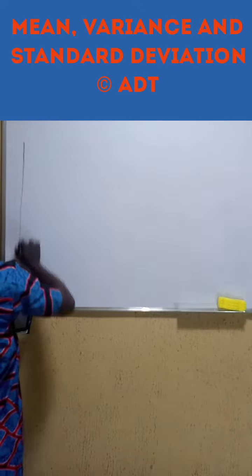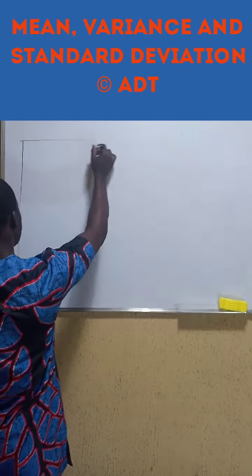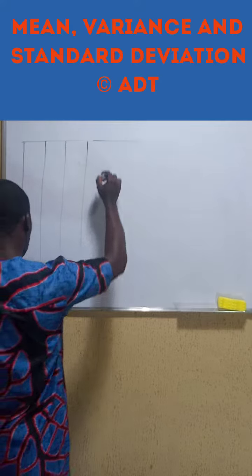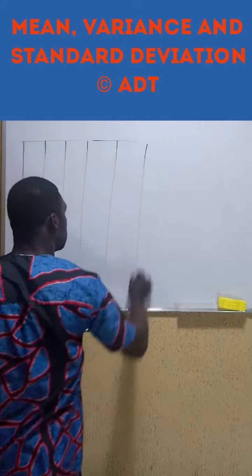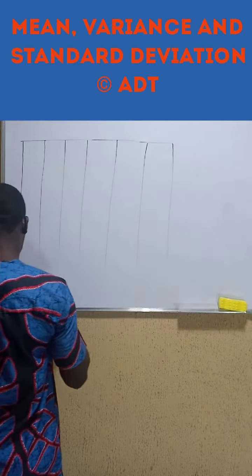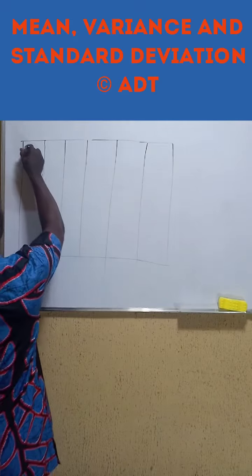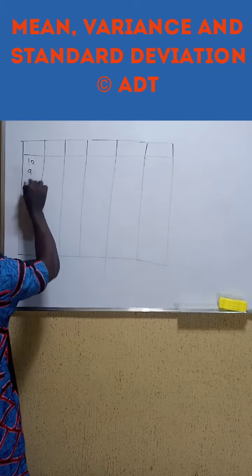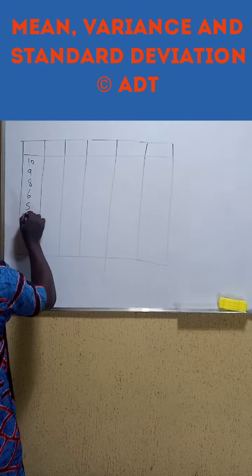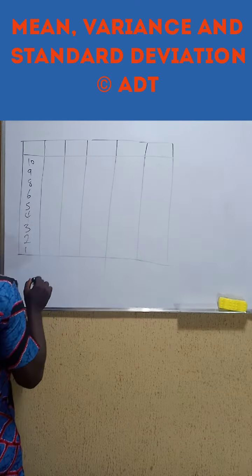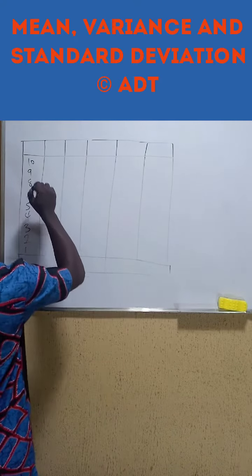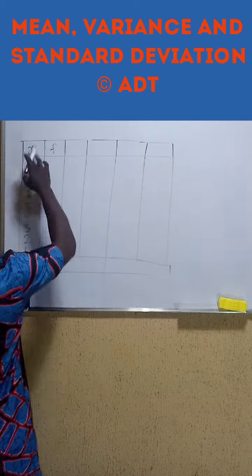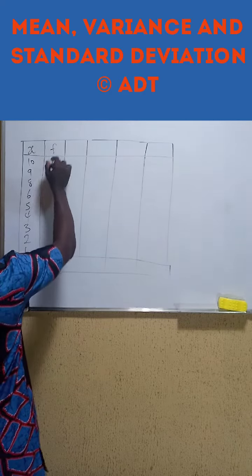The table is like this. This is the X, the data we're given, and this is the frequency.